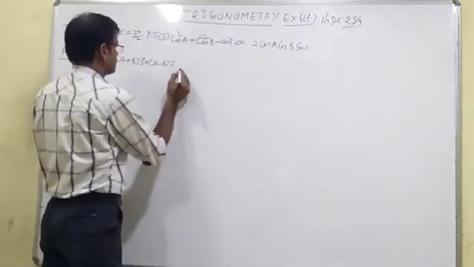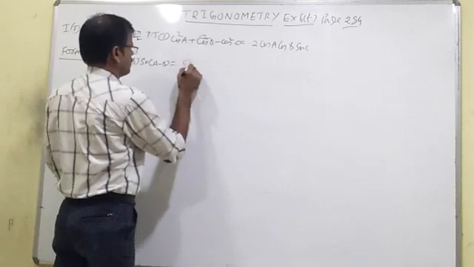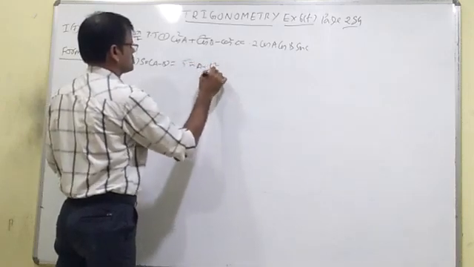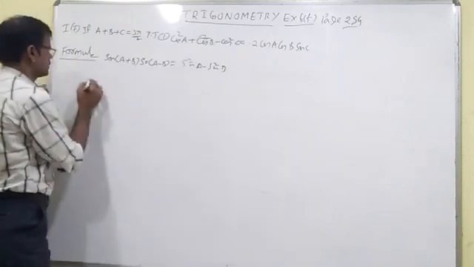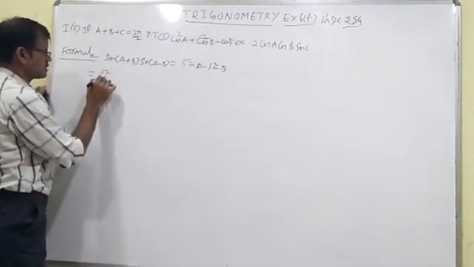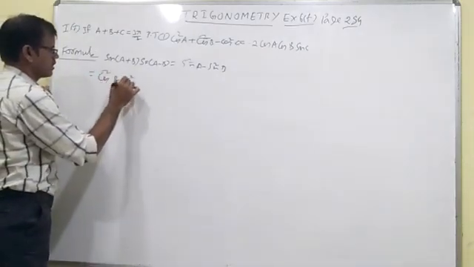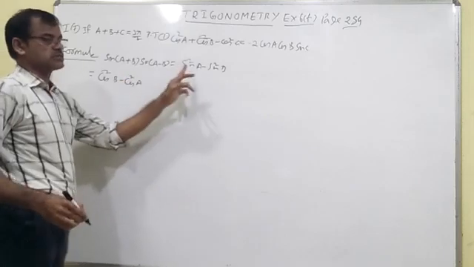That is why we discuss daily. Sin of (a plus b) into sin of (a minus b) formula is sin square a minus sin square b, and the same we can write as cos square b minus cos square a.